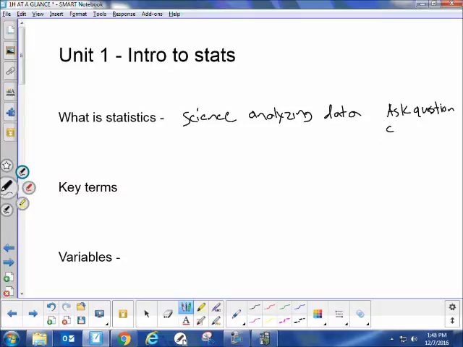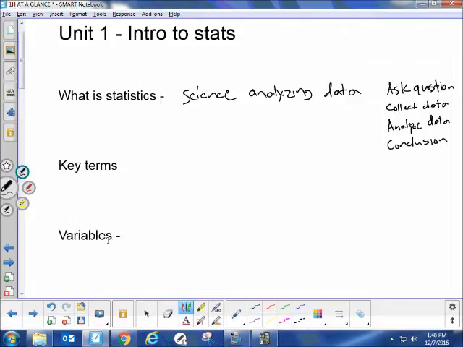We will then collect data. We will analyze the data, and then we'll make a conclusion. Okay, that's kind of the statistical process.